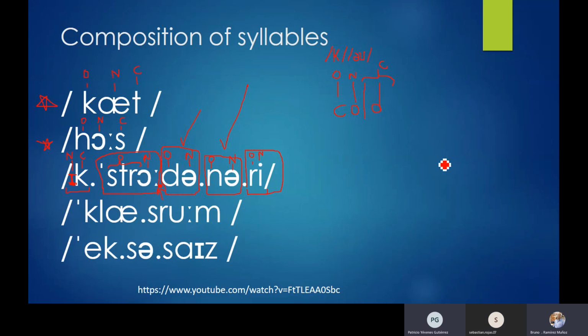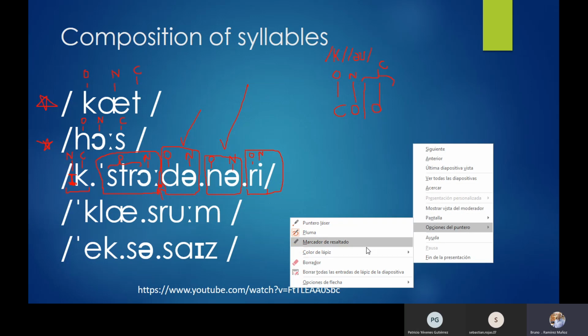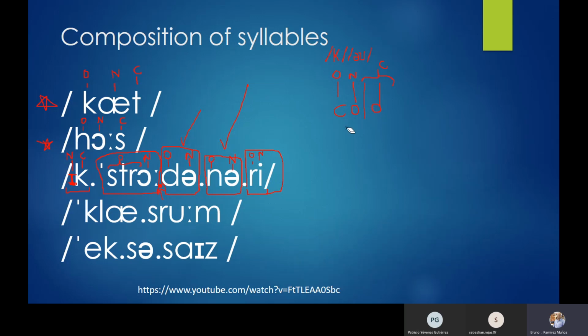All right, very well done. So actually, sorry, I think I should have done this below and not up there, so as not to get confused with the phonetic transcription.